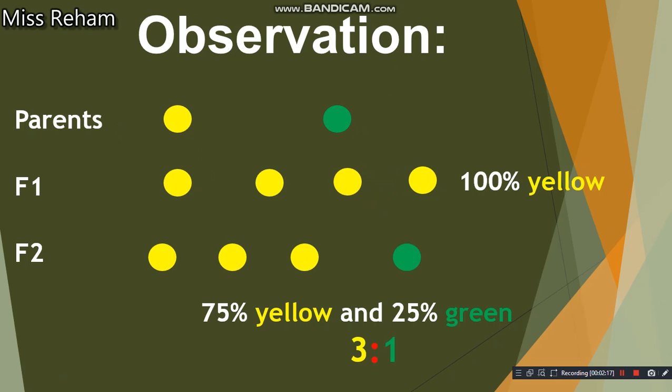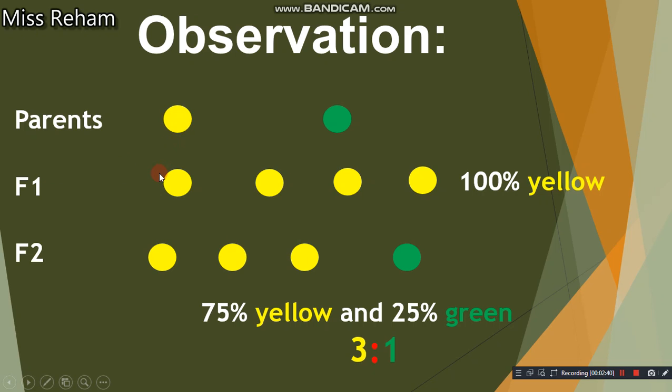At the end, Mendel concluded that the plants that produce yellow color seeds have a dominant trait. Why is yellow color seeds a dominant trait?